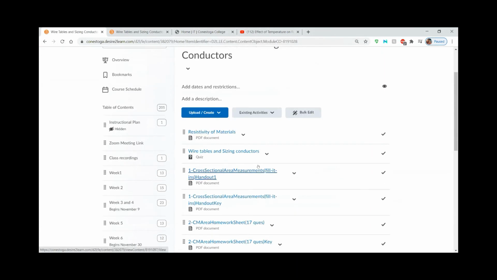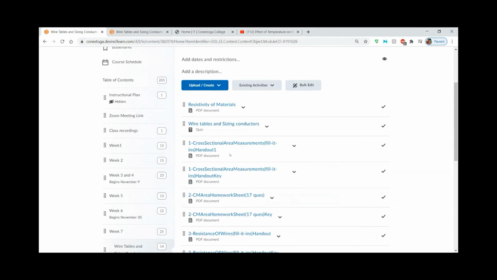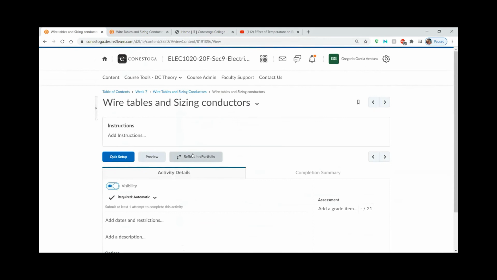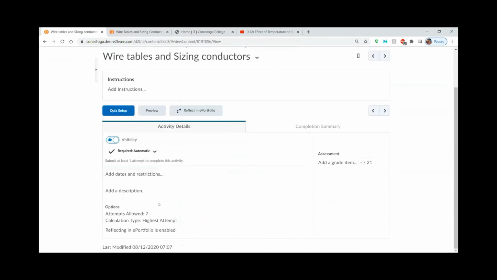make sure, please, that you review the resistivity of materials PowerPoint. Then later on, not today, anytime from now to the weekend or next week, you will do the wire tables and sizing of conductors, a small quiz.